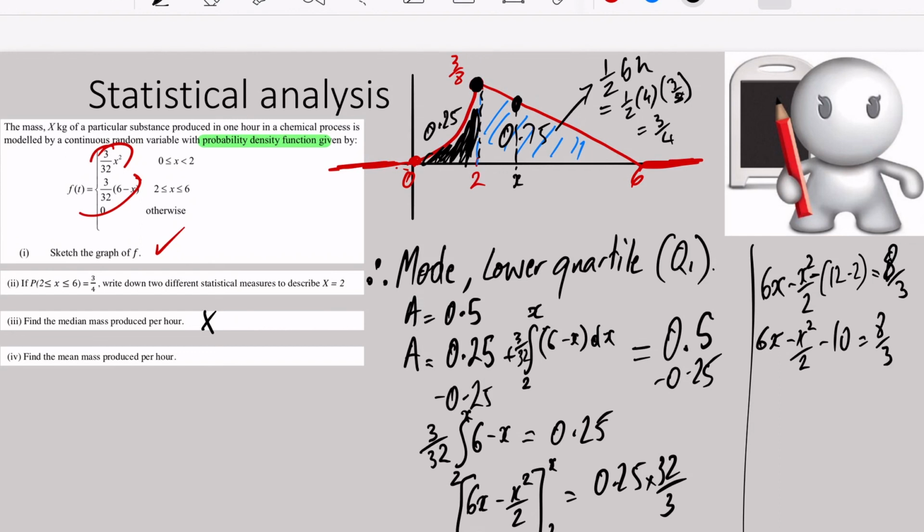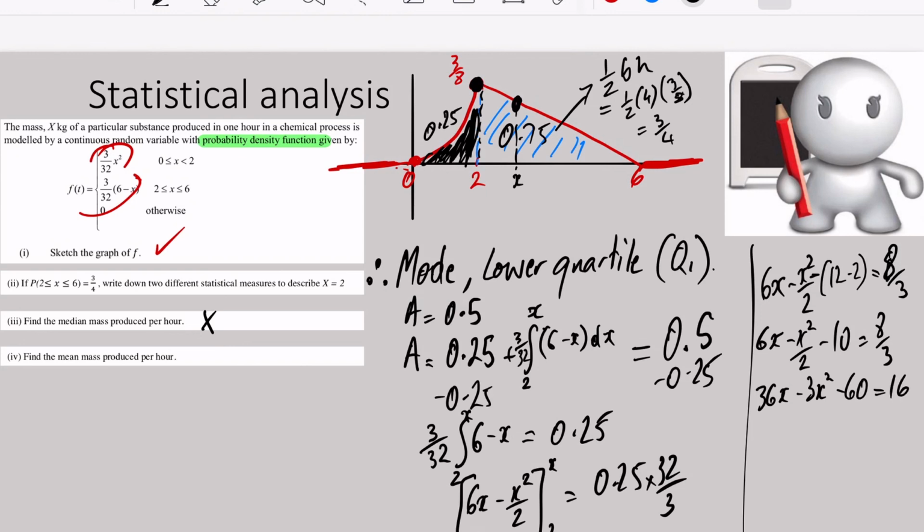Okay, let's multiply everything by 6, and what I will get is 36x minus 3x squared minus 60 equals 16.